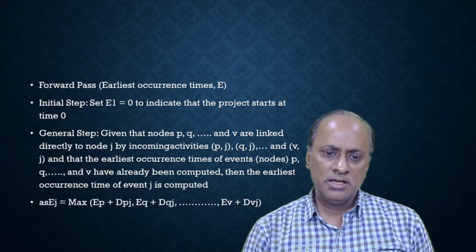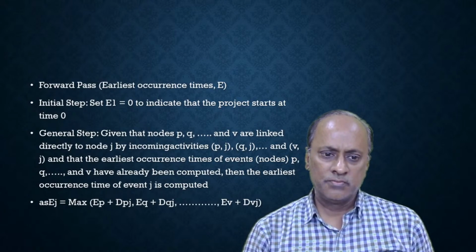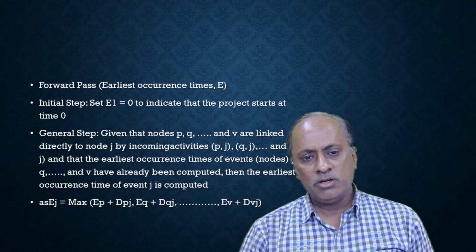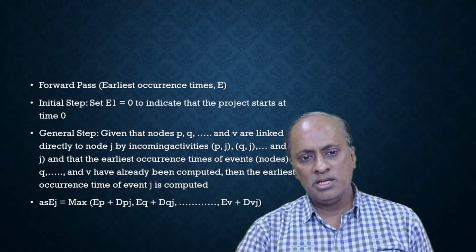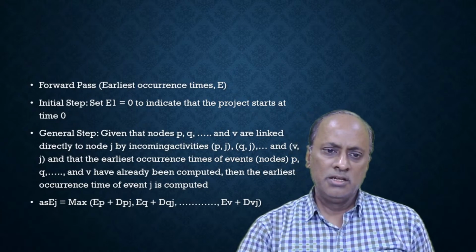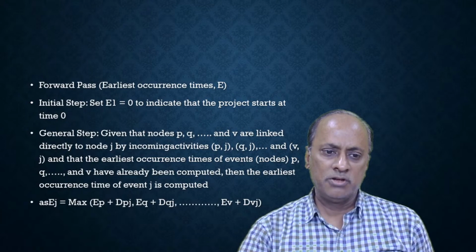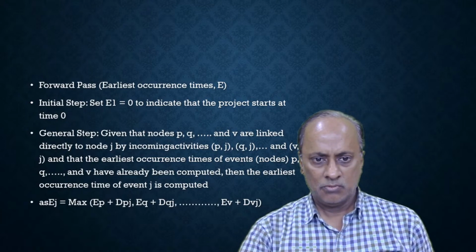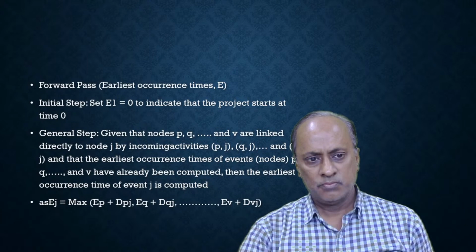So for the earliest occurrence of the events, from the EST, the earliest start time, we find the EFT, the earliest finish time. Generally, the EFT is calculated as EST plus the work duration.